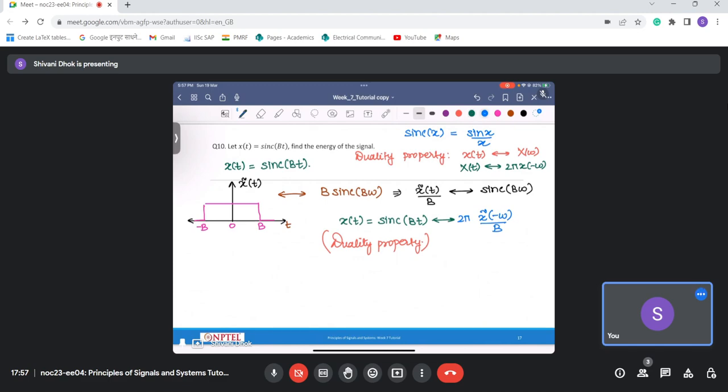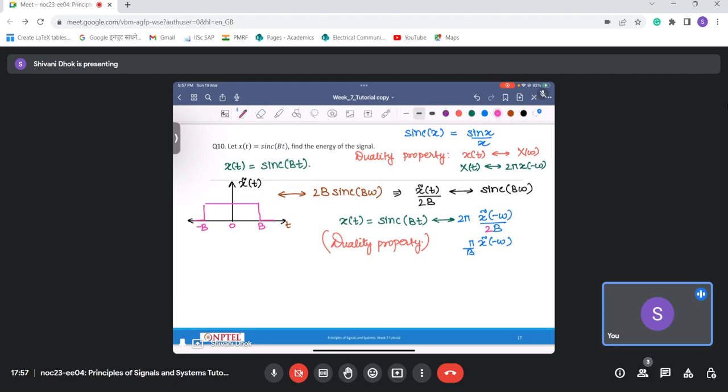This is equal to 2π x tilde of minus ω by b. I'm sorry, this is 2b, and therefore this is π by b.